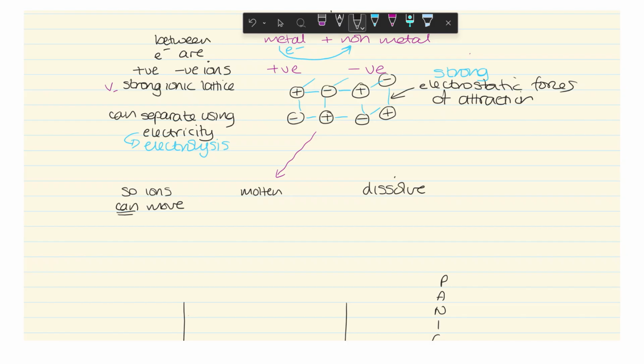Now, if we make our ionic compound molten, it means we melt it to a high temperature to break the electrostatic force of attraction and make it into a liquid. It's a liquid, so the ions can move. We can also dissolve it in a solvent, and then the plus and minus ions are going to be able to move.